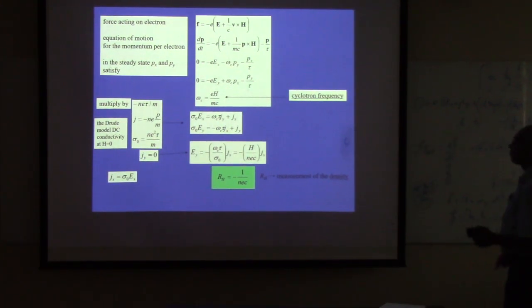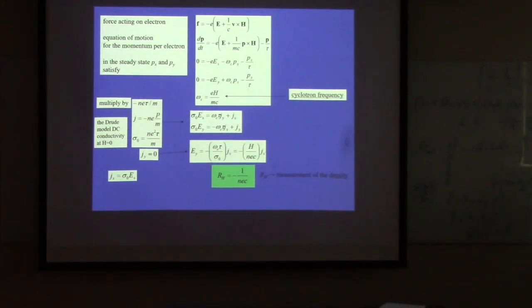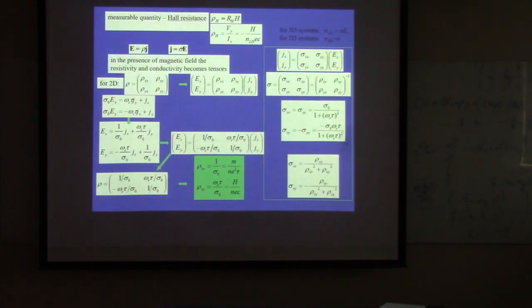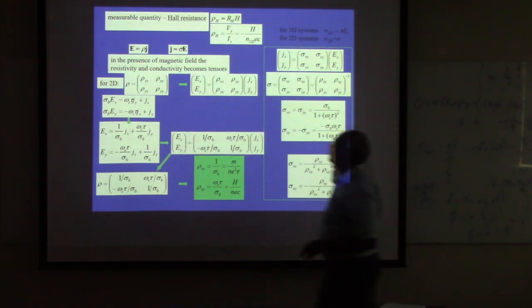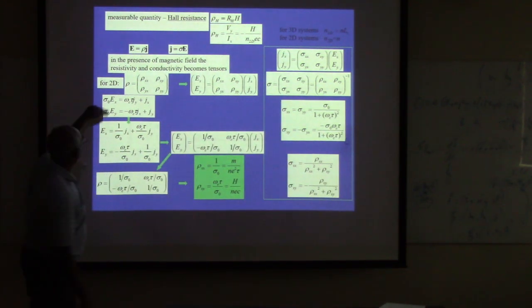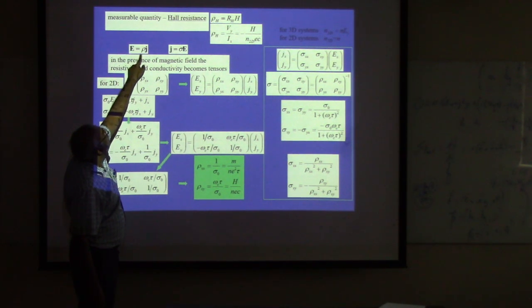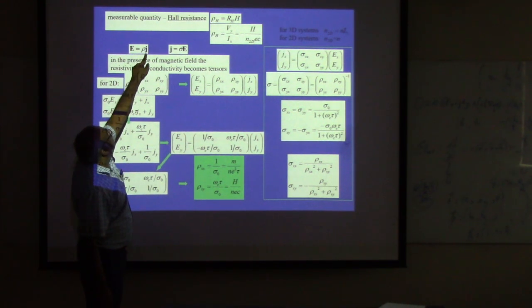So then also, if you want to, let me go to this one. Then we have time. These are the two equations we were talking about, right? Using this relationship, what you are really measuring is that you apply current and measure E, and you are calculating rho.